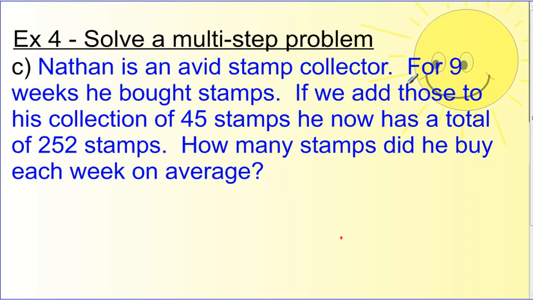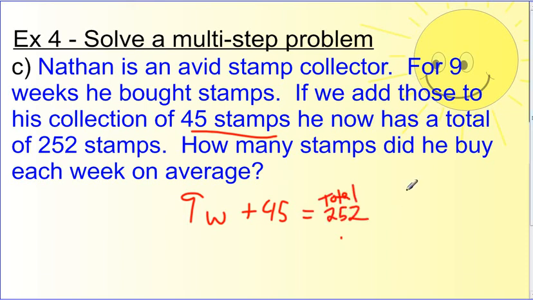Alright, so he's a stamp collector for 9 weeks. So for 9 weeks he bought stamps, plus he has another 45 stamps already in his collection, with a total of 252 stamps. How many stamps did he buy each week? So we want to find how many stamps he bought each week.